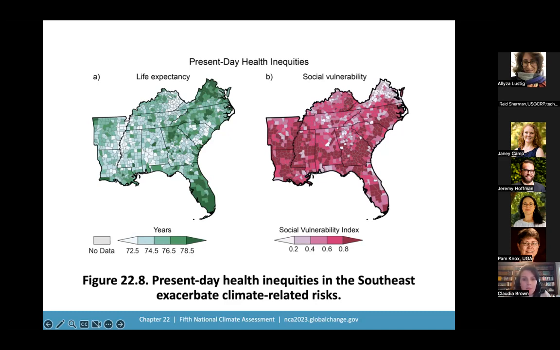As demonstrated by these maps, the areas where low life expectancy occurs are also the areas of high social vulnerability. So as I mentioned earlier, these are intimately linked with health, social vulnerability. Next slide.